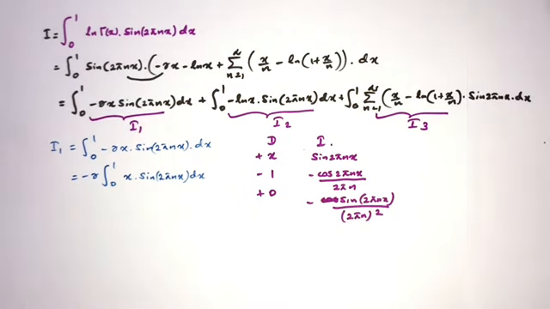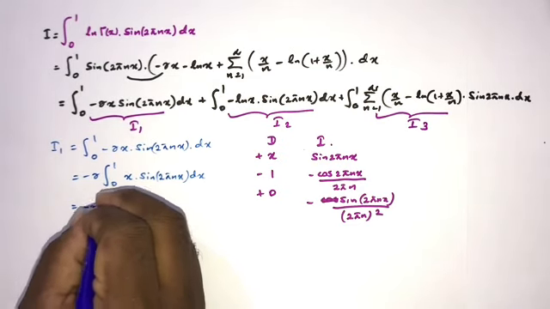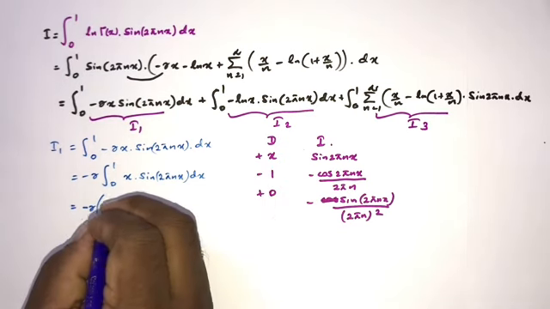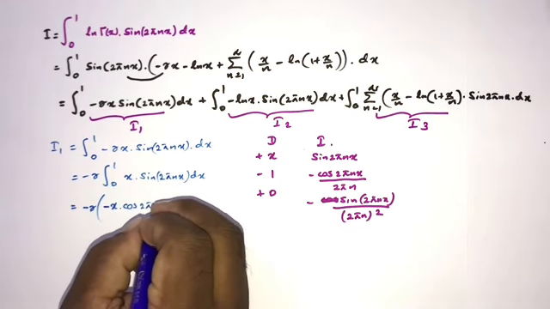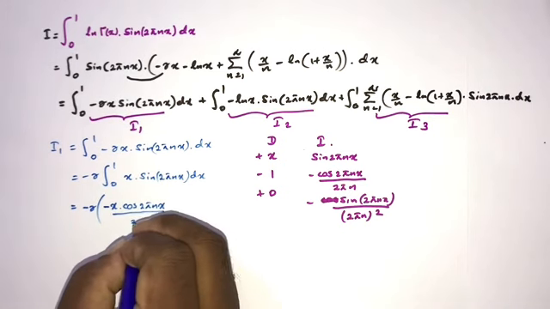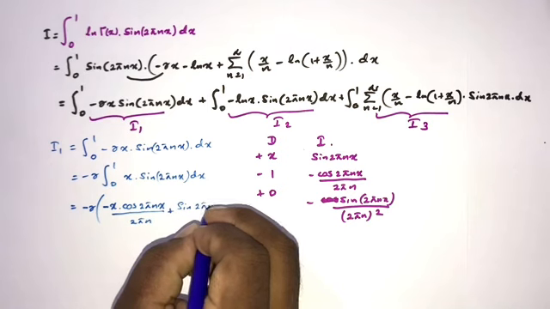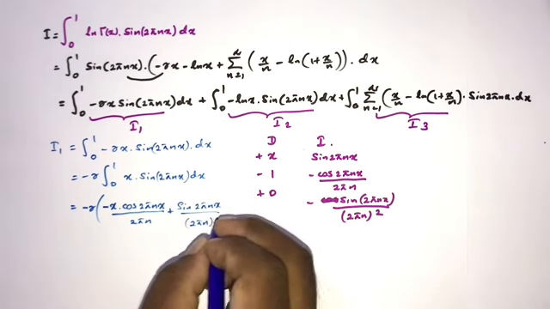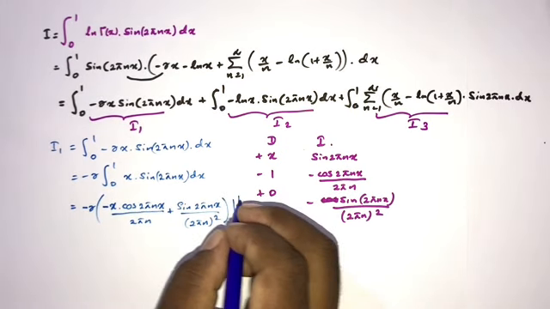Then we can write minus gamma times parenthesis minus x times cosine of 2 pi nx over 2 pi n plus sine of 2 pi nx over 2 pi n squared, with limits from 0 to 1.